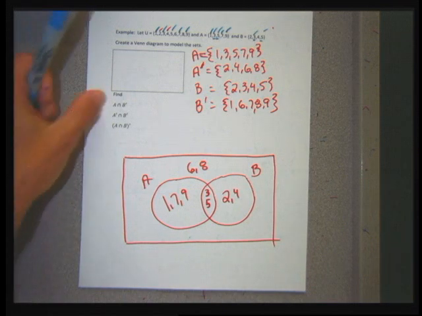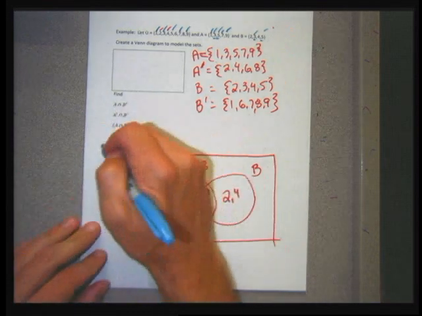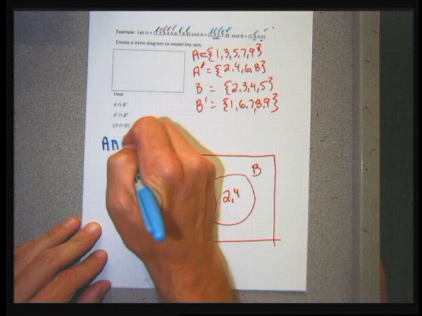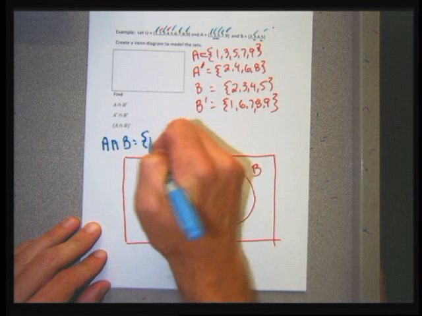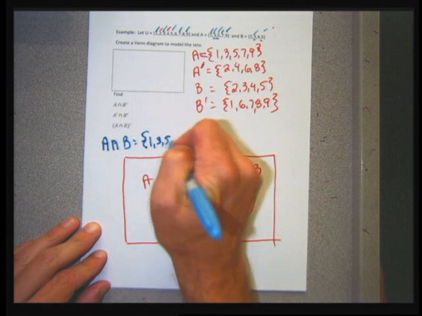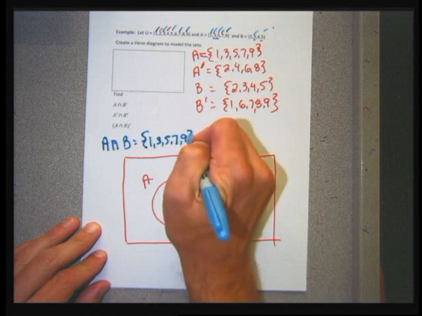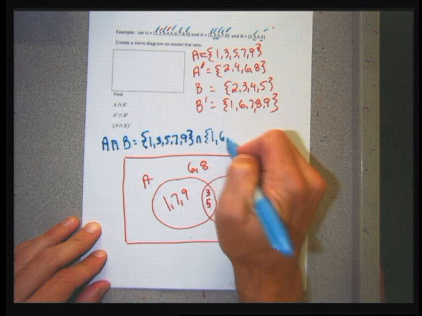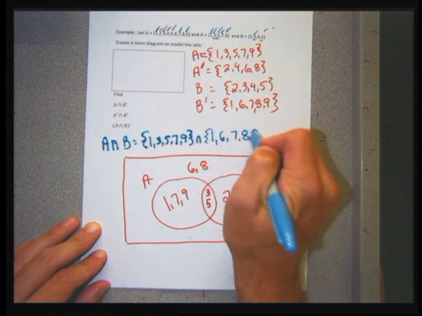So now if I attack these problems, A intersection B prime, I'll take the A, which is 1, 3, 5, 7, and 9, intersection with B prime, which is 1, 6, 7, 8, and 9.